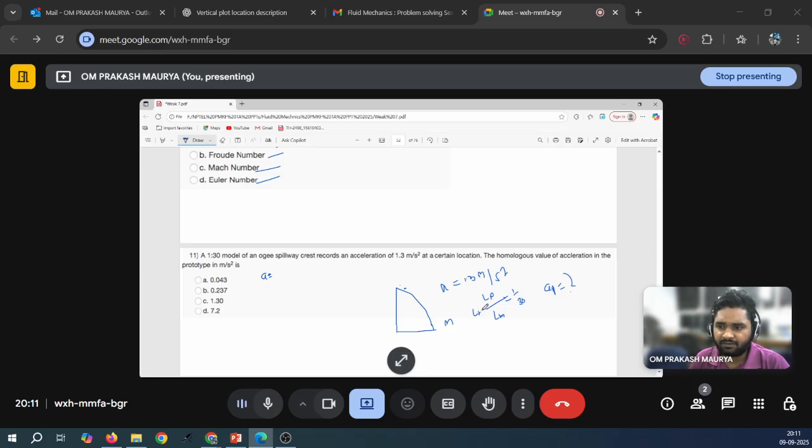This is your LR. So you have to convert this acceleration in terms of length scale.